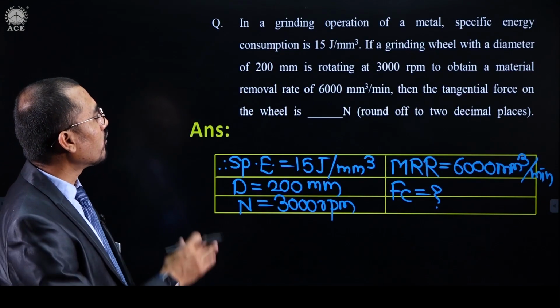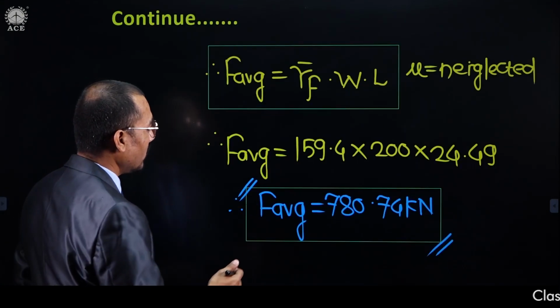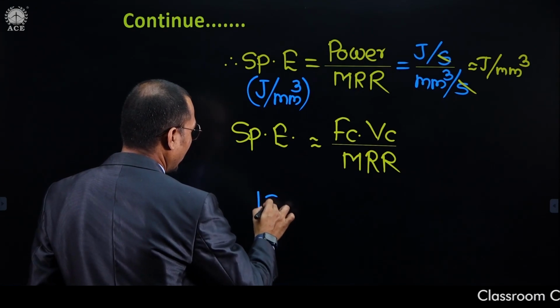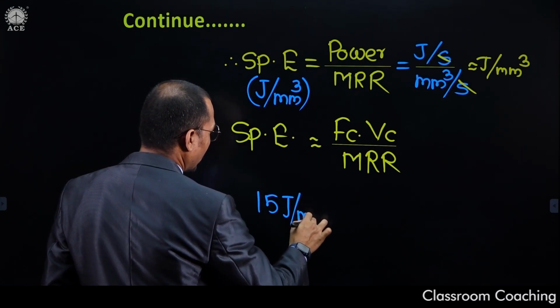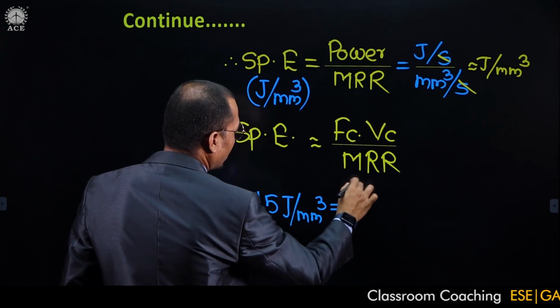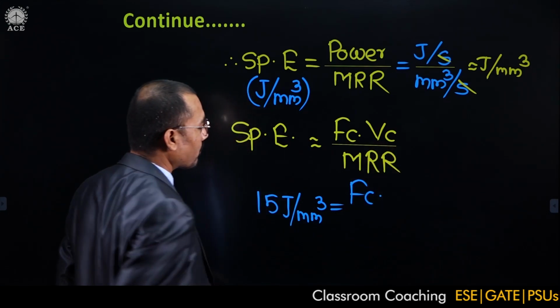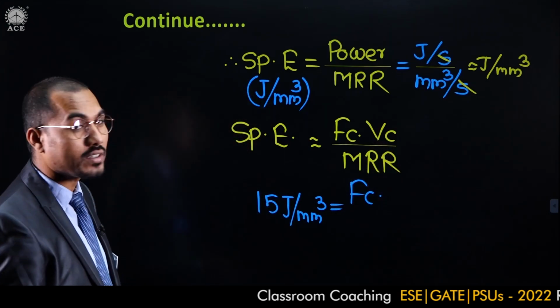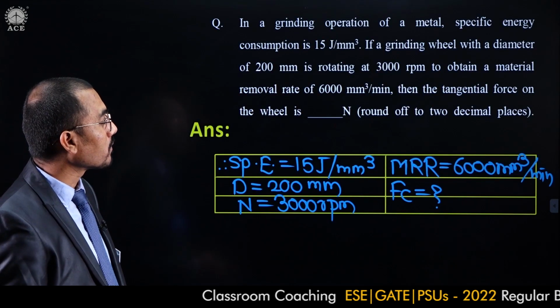So the specific energy is 15 joule per millimeter cube, as given. The tangential force, that is the cutting force, we are interested to calculate. Now, the big question is, what is Vc? Vc is the cutting velocity.